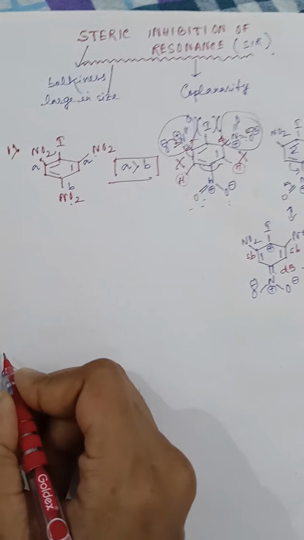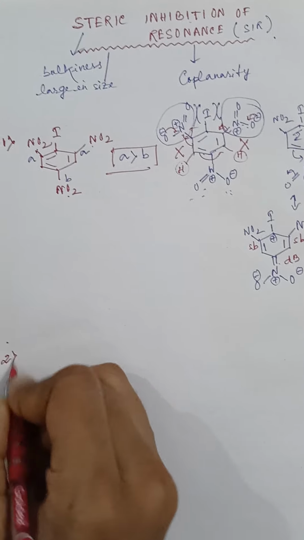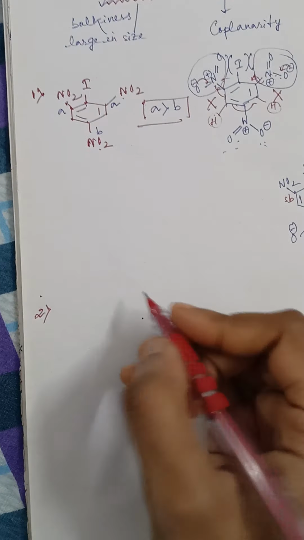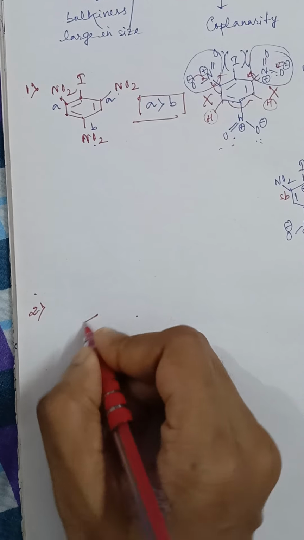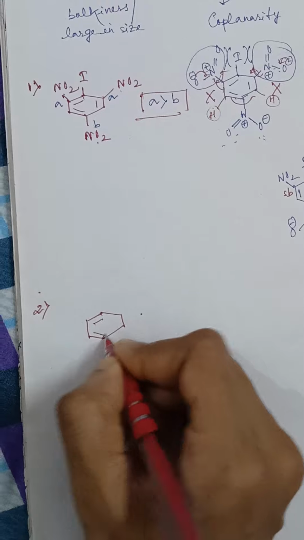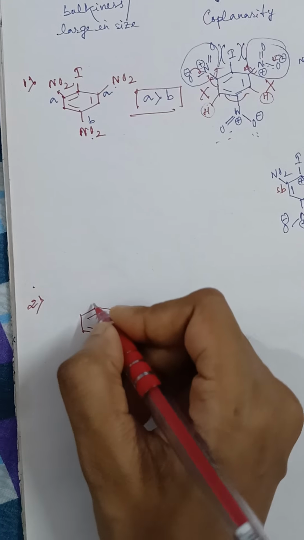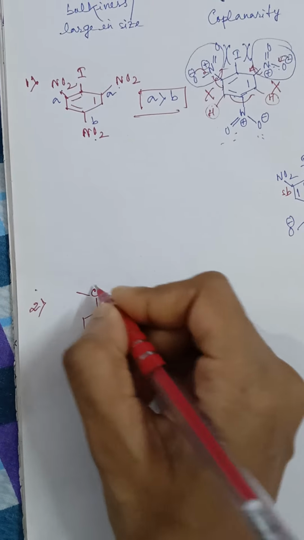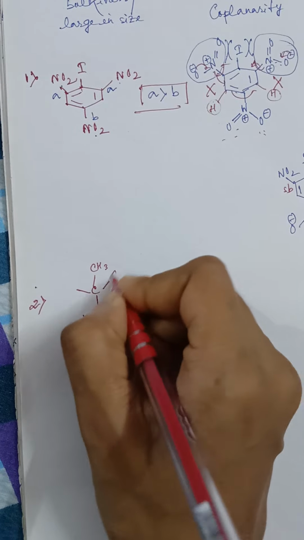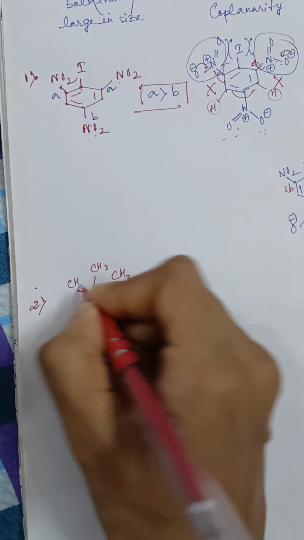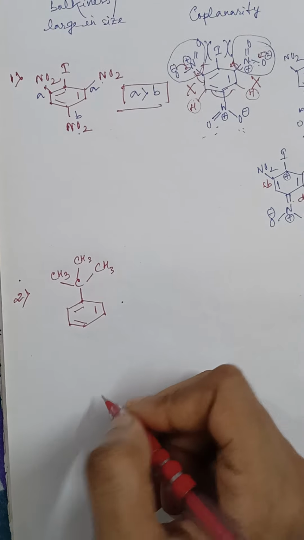Now in the next problem, we all know Friedel-Crafts alkylation. Those who don't know, I'll try to make a separate video later. So this is a tert-butyl group, this is tert-butylbenzene.